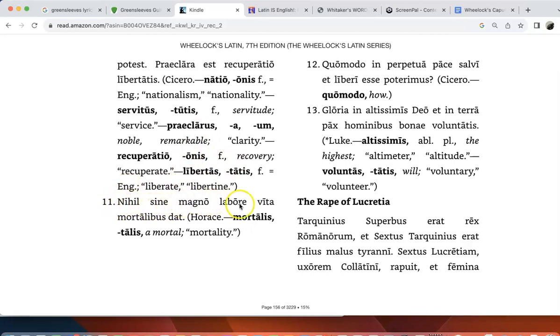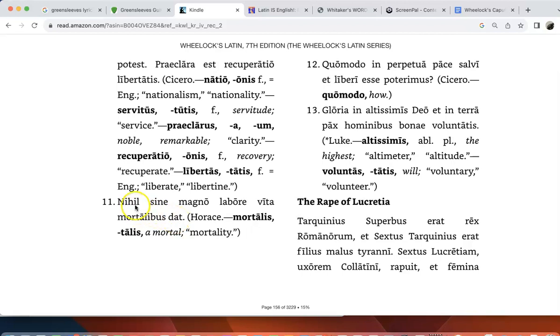Okay, number 11. Nihil sine magno labore vita mortalibus dat. So nothing without great work, life to mortals gives.